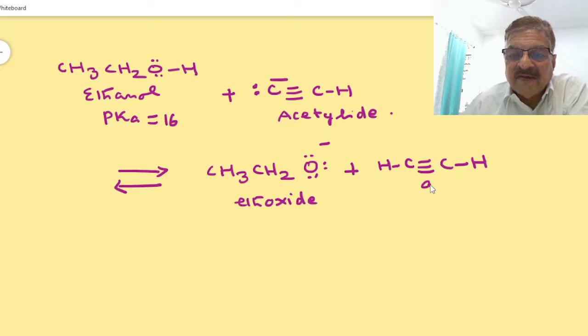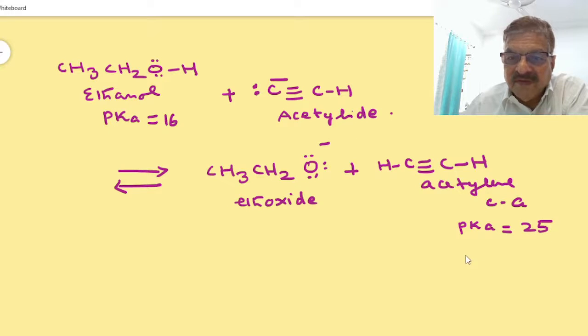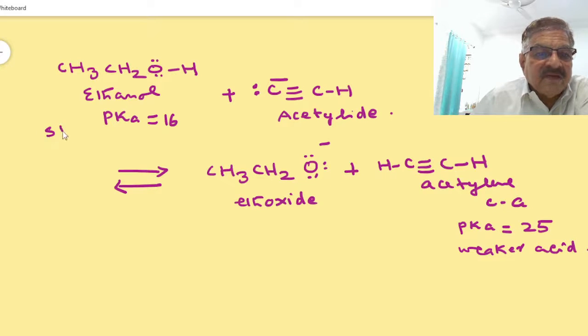This is acetylene, the conjugate acid, pKa 25, so a weaker acid. And ethanol is a stronger acid.